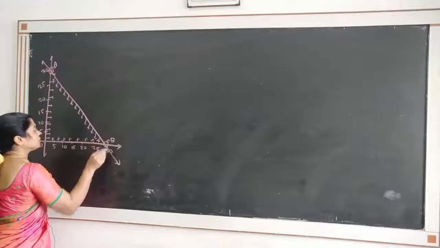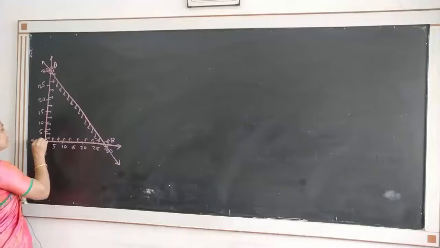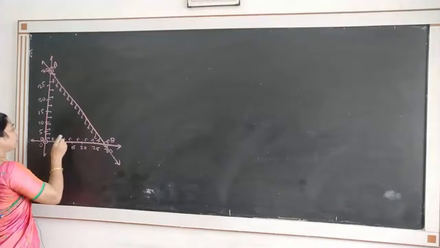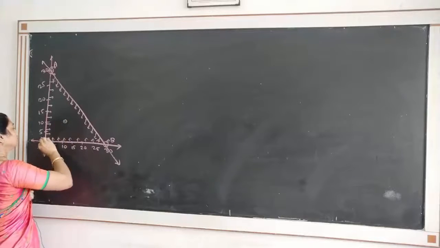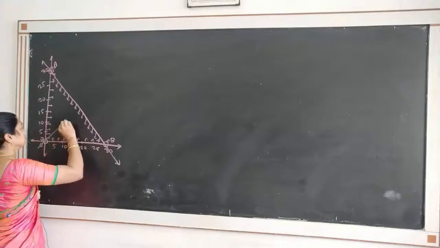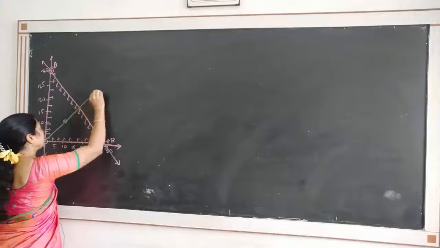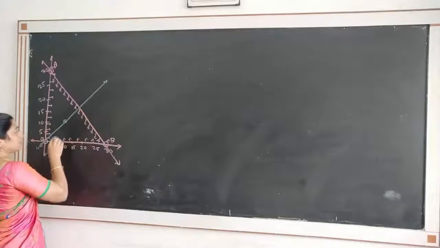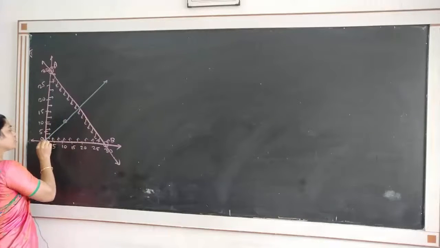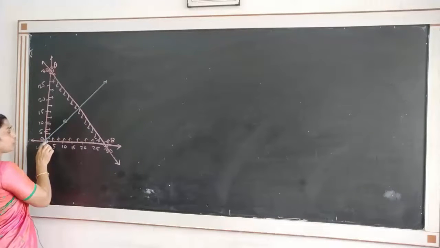Now see second, the points are 0, 0, that is O point, and 10, 10, that is C point. Draw the line. Because the line itself passes through origin, now we will not check for origin.